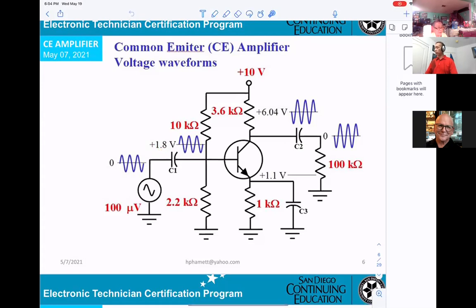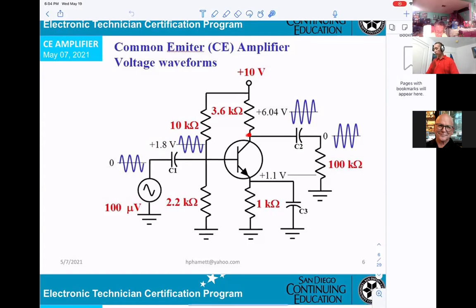Otherwise, you cannot measure it. The thing is, this sine wave here is 100 microvolts compared to 1.8 volts DC, so it will look like it is buried inside that 1.8 volts. So it must be AC coupling.